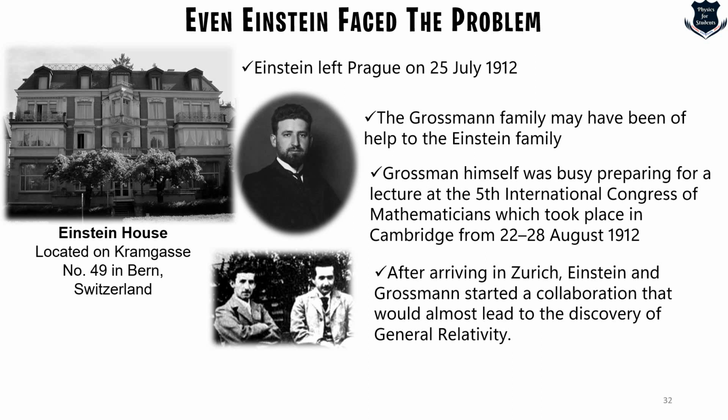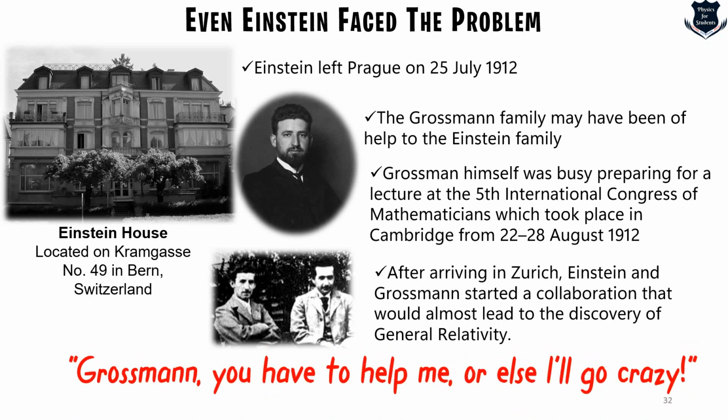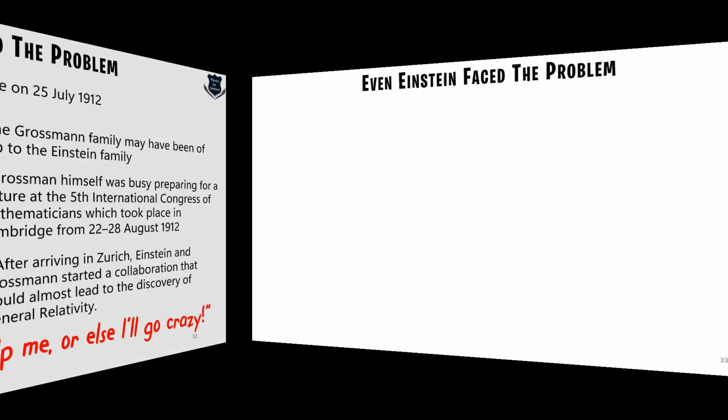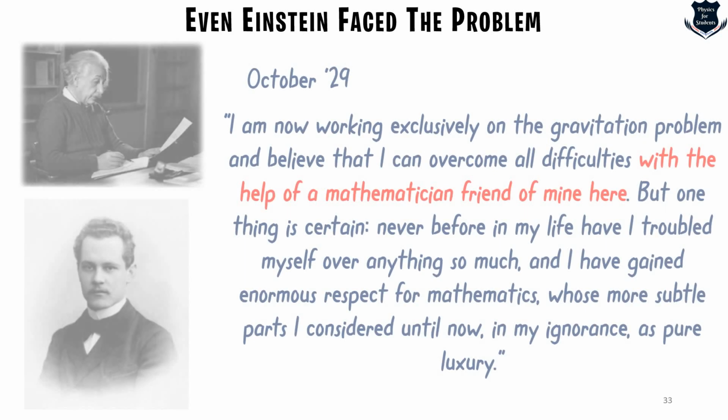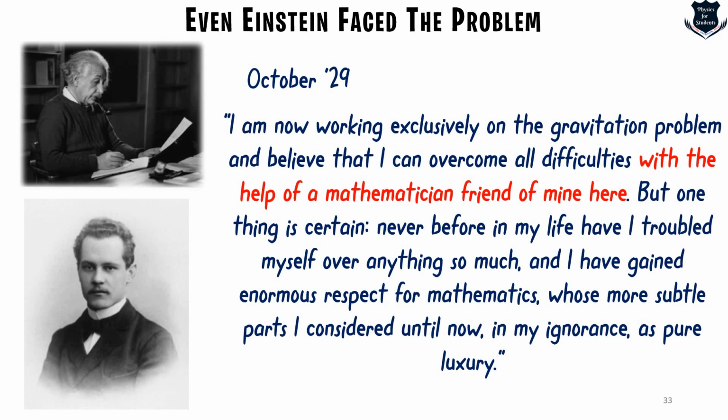This is a line which Einstein spoke: Grossmann, you have to help me, otherwise I will go crazy. This is a famous letter he wrote, where he said that he is working exclusively on the gravitational problem and believes that he can overcome all difficulties with the help of a mathematician friend of his, referring to Grossmann.